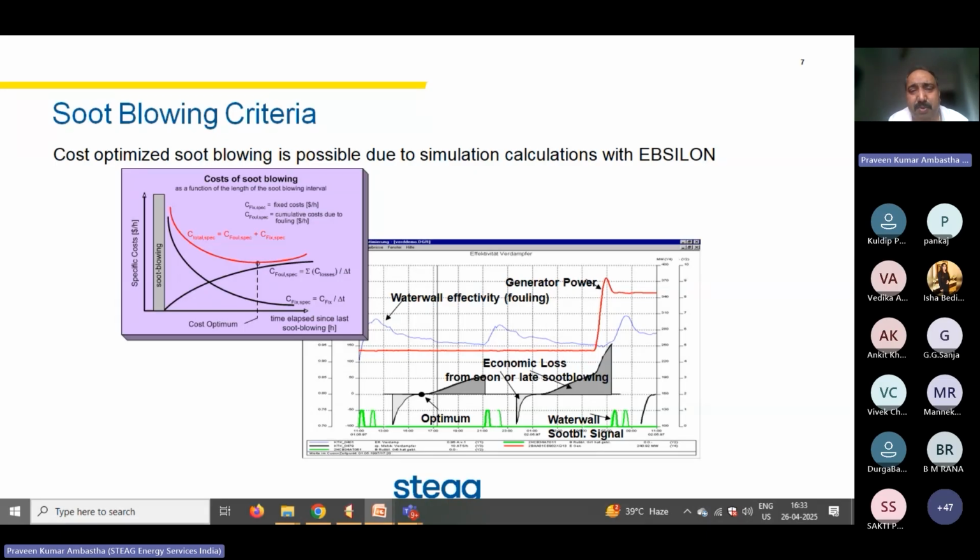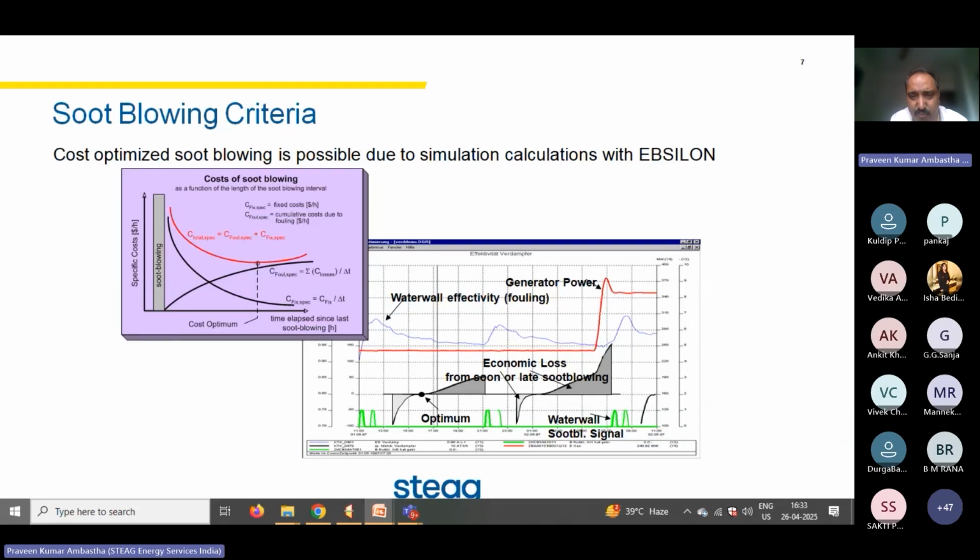The reference heat transfer coefficient we find out with the help of the neural model. We put all the heat transfer coefficients into my neural model. And as I told you, the neural model has an input layer, a hidden layer and an output layer, and accordingly it works, and we get the output.